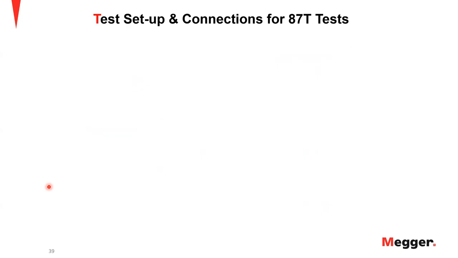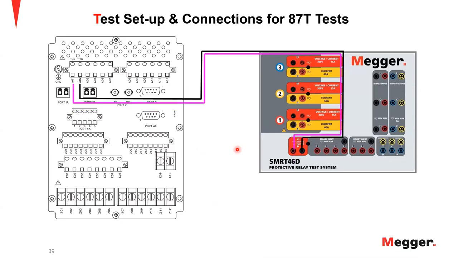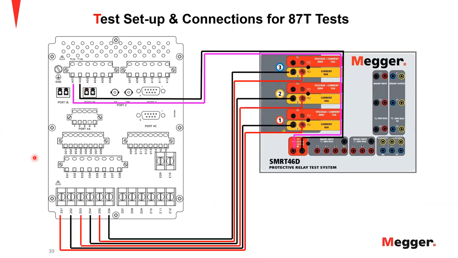So let us take a look at the actual connections that I've made today. I have my relay and I have my SMRT test kit here. The first connection is that I connected my battery simulator, which will provide my control voltage, to the power terminal on the relay. The next set of connections is that I'm utilizing my three current channels in yellow color, which are connected to the winding 1 terminal on the back of the relay.